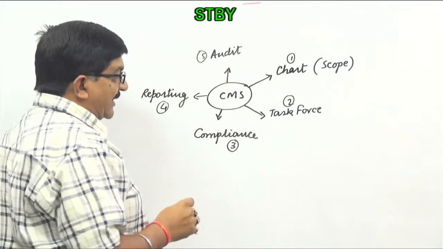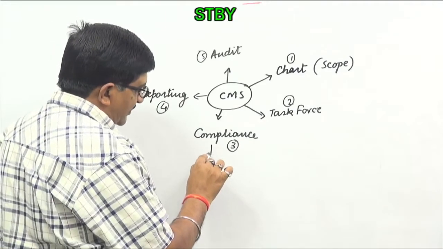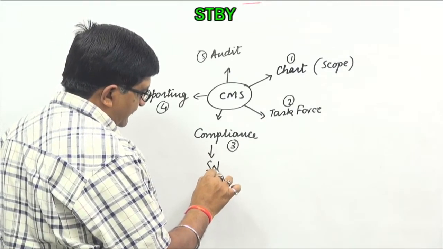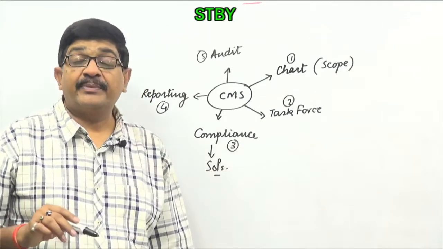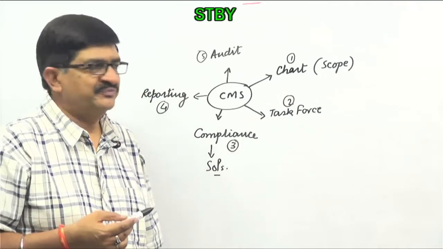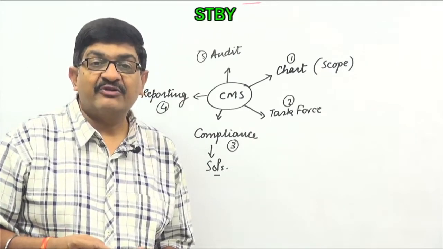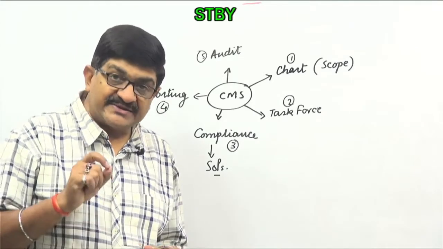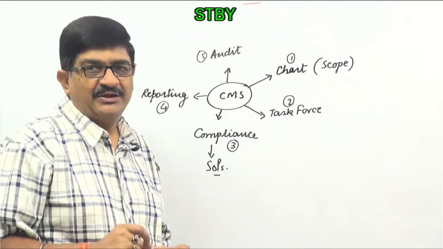And for compliance, I told you that there have to be SOPs, standard operational procedures. So everything is required to be prepared by the compliance officer, and as a company secretary, you are a key managerial personnel.